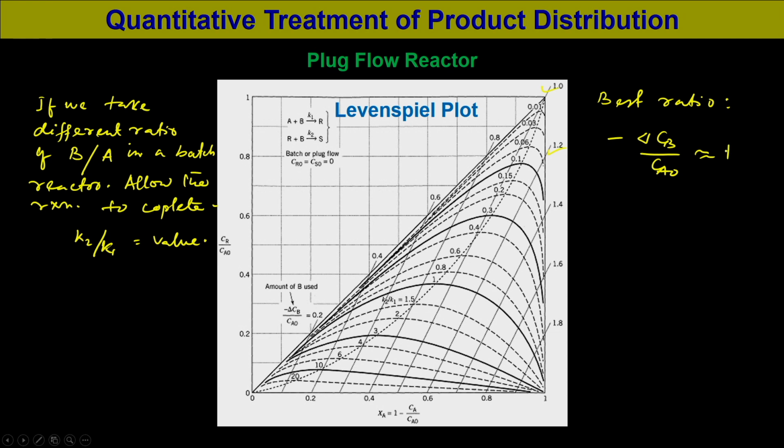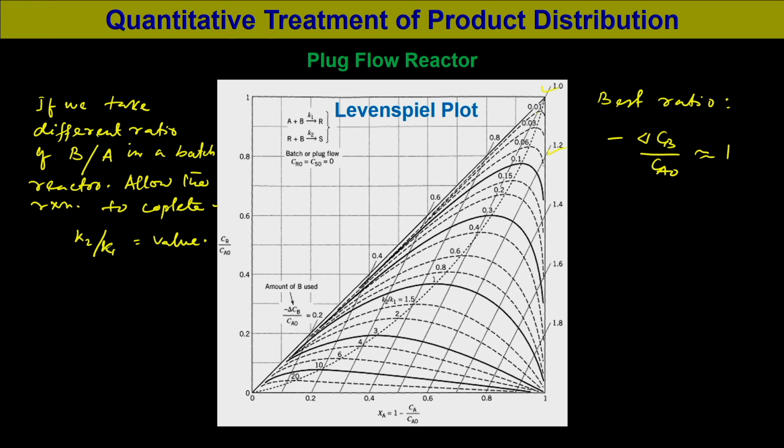If we look into this curve over here, you can see the K2 by K1 values are far apart from each other. So, this would be the best ratio to be considered for the reaction.